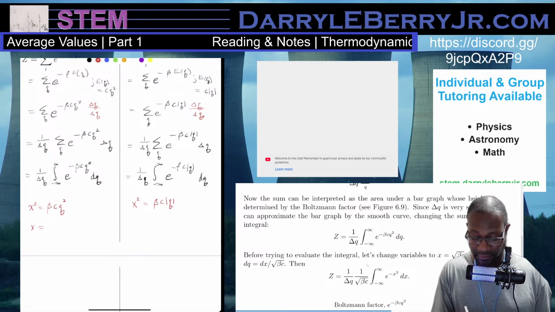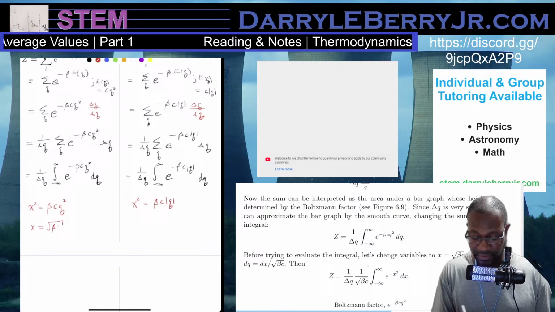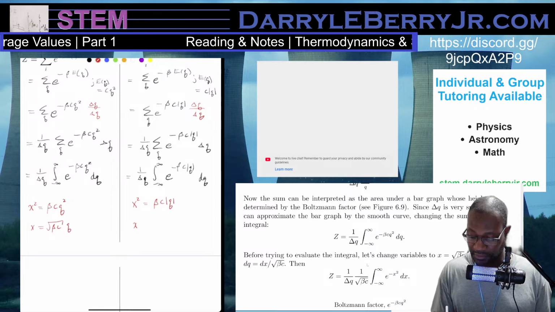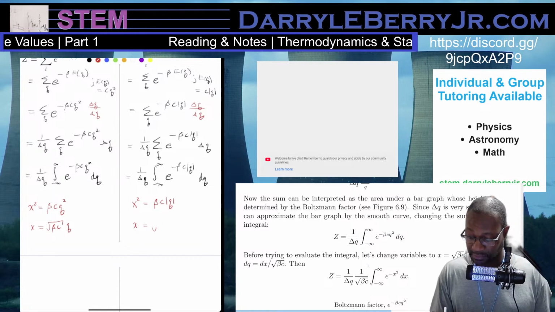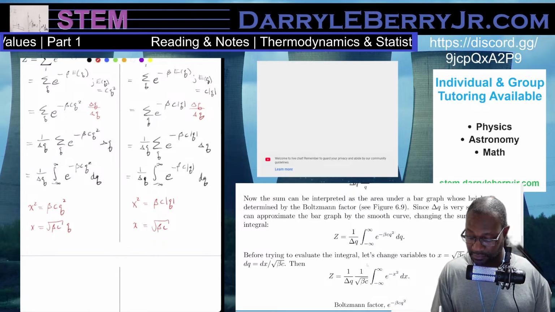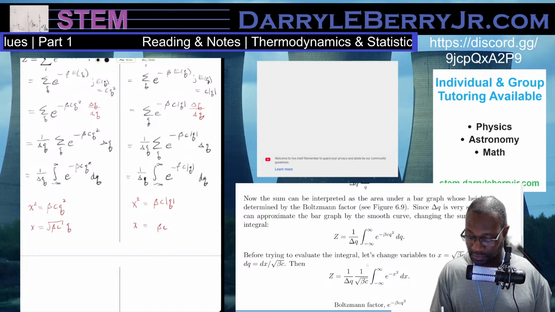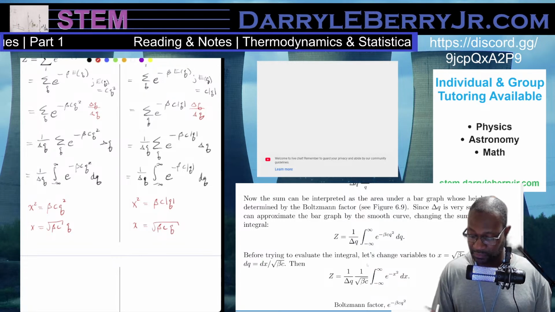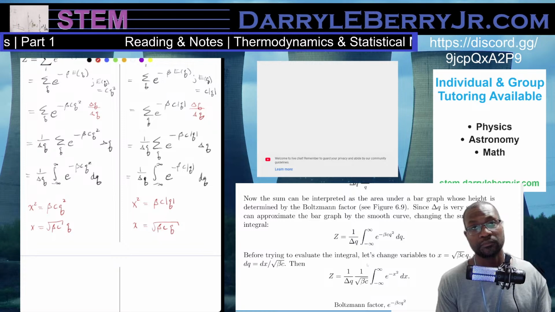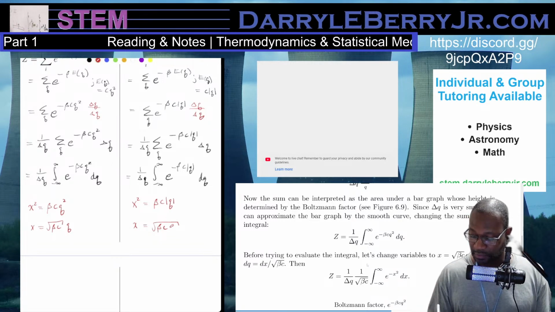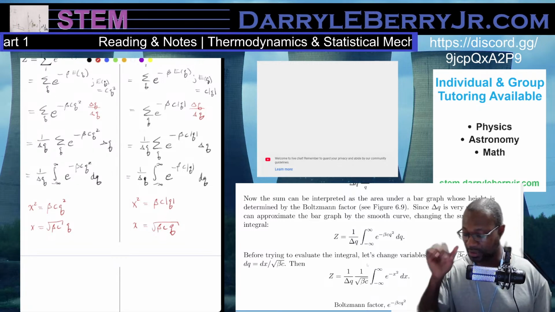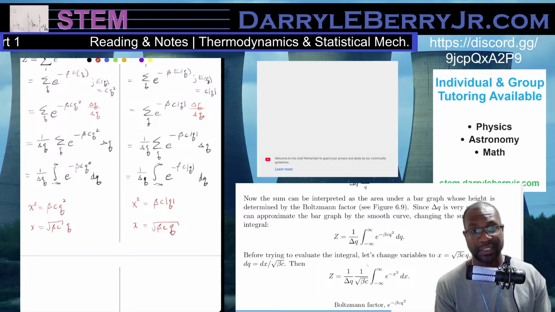So x equals the square root of beta c q, and here x equals the square root of beta c, becomes the square root of beta c q. I'm not actually sure about taking a square root of an absolute value.